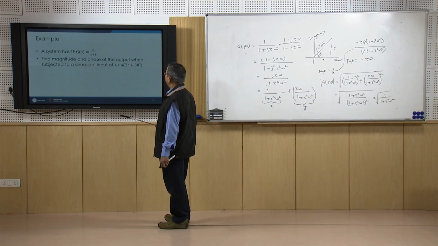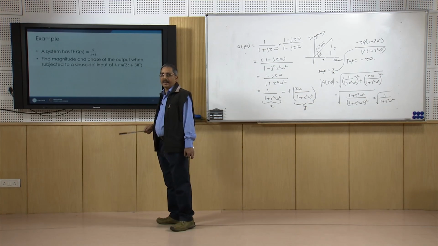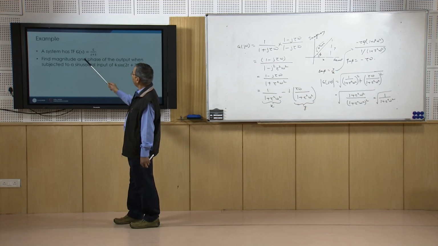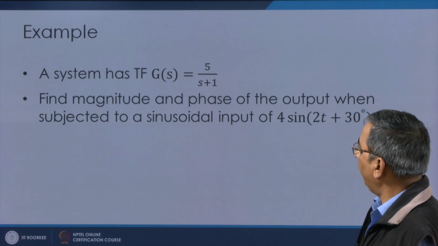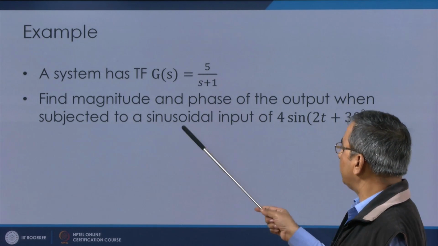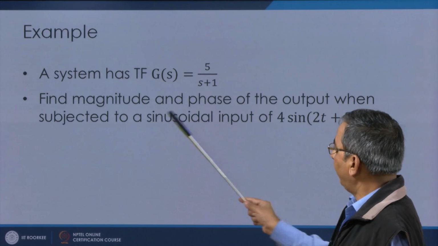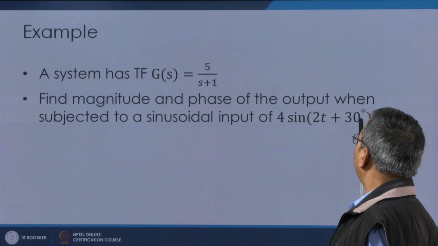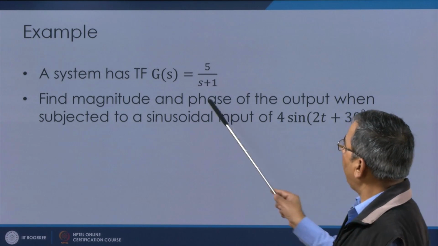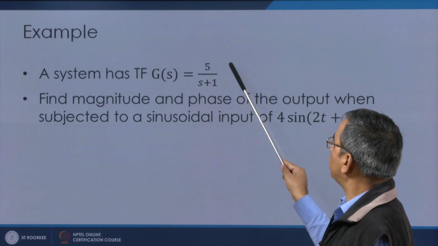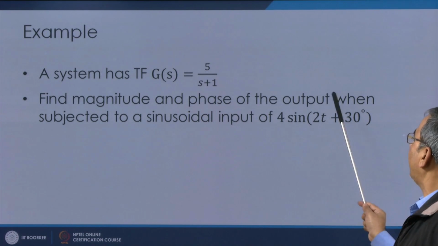We can take an example to illustrate. Say a system transfer function is given by 5 by s plus 1, and what we have to do is find out the magnitude and phase of the output when subjected to a sinusoidal input. So we are given the sinusoidal input and the system transfer function, and we have to find out the magnitude and phase of the output.